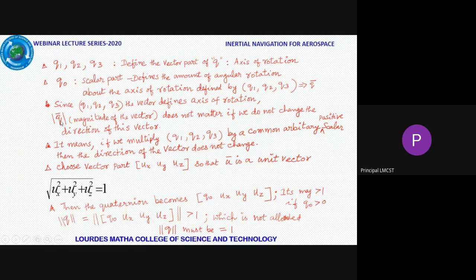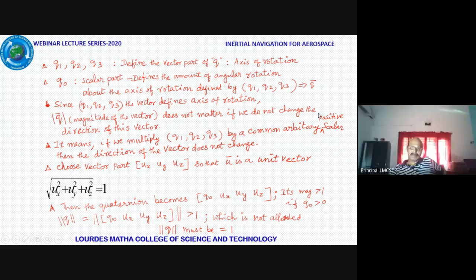Because if I multiply this with a common scalar, the magnitude can increase or decrease, but it doesn't change the direction. So it does not matter if we do not change the direction of this vector. If we change the direction of the vector, then the axis of rotation meaning changes. So that we cannot do.